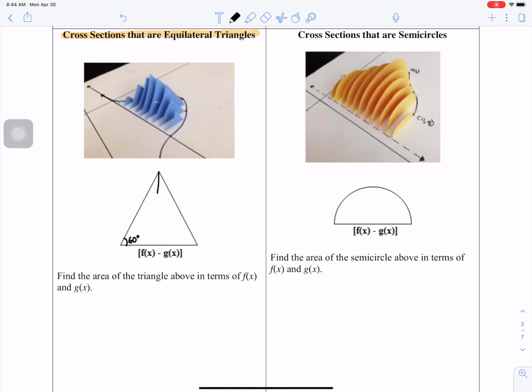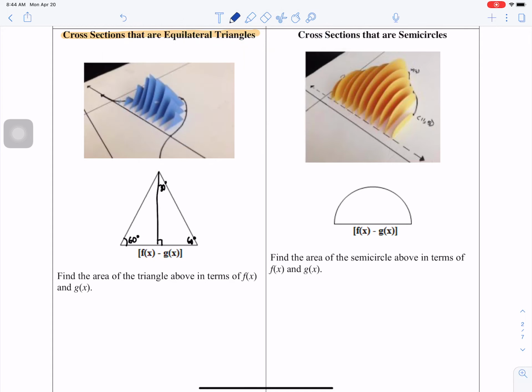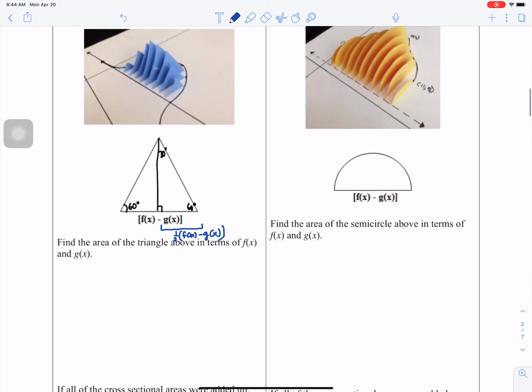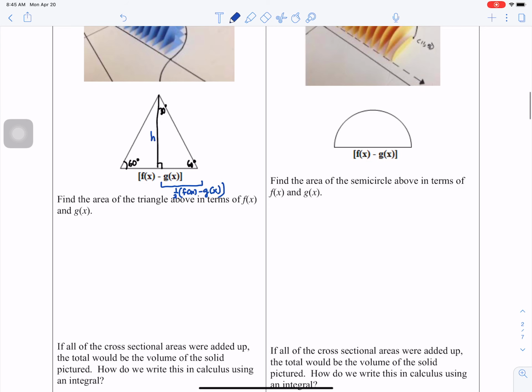So if I bisect, this would be a 30-degree angle, this would be a 60-degree angle, and the base of one of these halves would be f of x minus g of x cut in half, because there's two equal pieces, so 1/2 of it. If I'm interested in finding the height of this triangle, because I need it to find the area of a triangle, I'm going to use SOHCAHTOA.